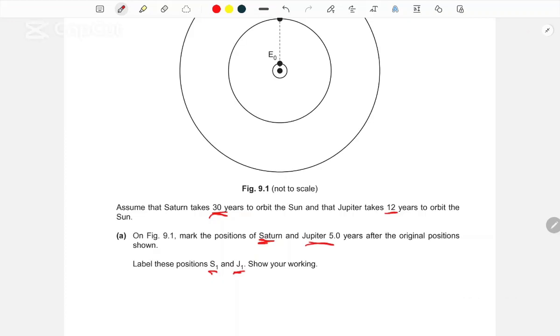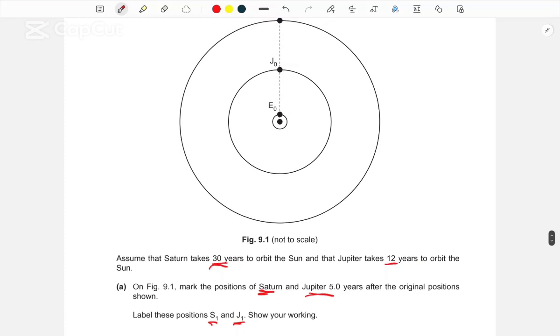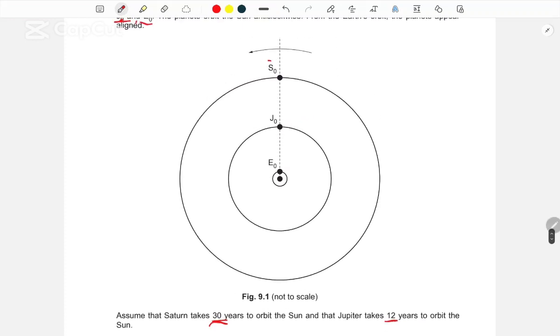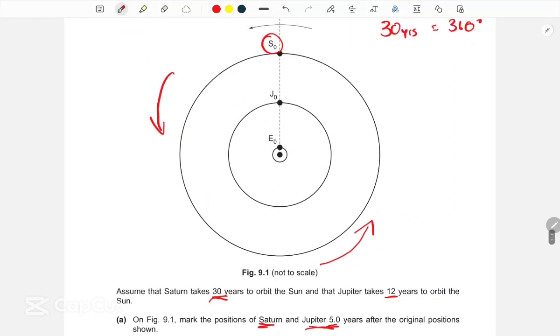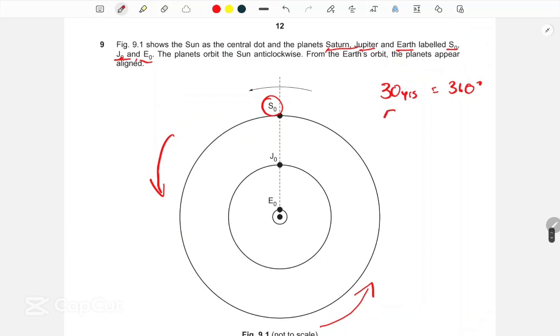Okay, so this question is a bit tricky. So this is Saturn, and it takes 30 years to complete a whole circle. So we know that it goes anticlockwise. So it takes 30 years to do a complete 360 degrees, or a full circle. And we ask the position of Saturn and Jupiter after 5 years. So after 5 years, it would become x.